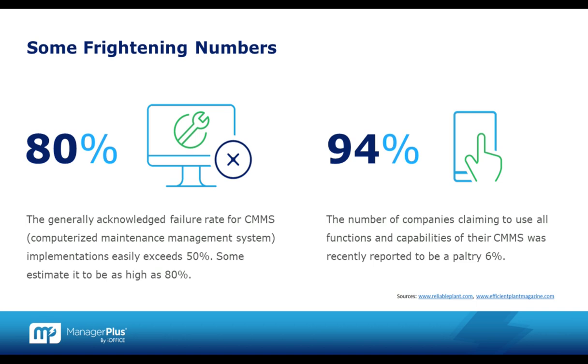Another shocking finding is the 94% you see on the right side. In this survey, also done by Reliable Plant, they found that only 6% of companies using a CMMS felt that they take full advantage of the functionality they purchased, which really suggests that they bought more than what they needed, or possibly were overzealous on the functional requirements when they initially did their evaluations and vetting of different software products. It also can suggest that perceived ease of use is lacking.